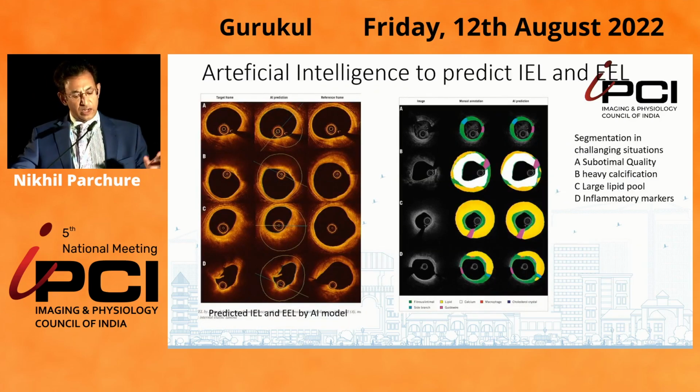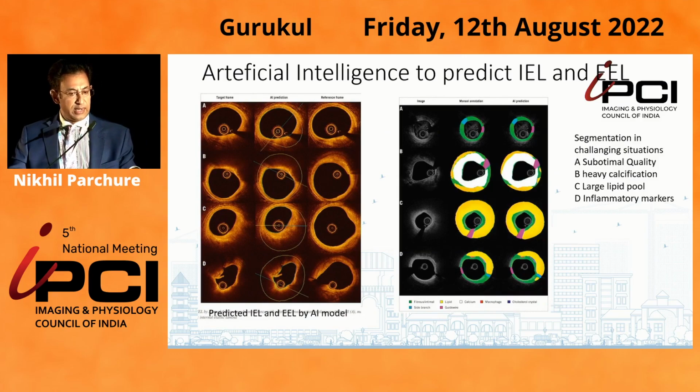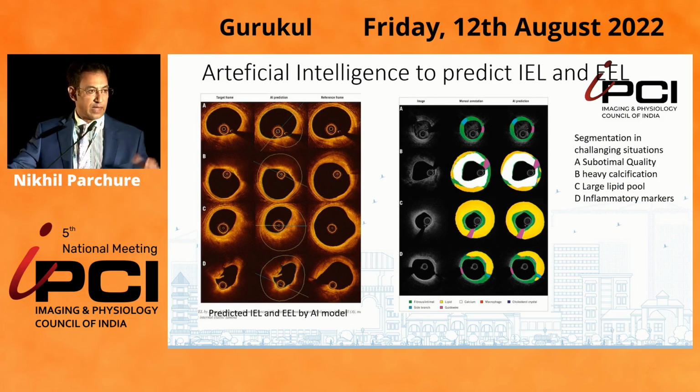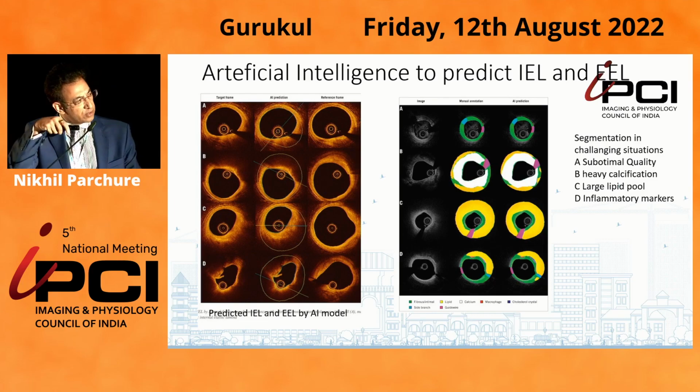So what about artificial intelligence to predict IEL and EEL? You can see these images are all lipid, where at some points you can't see the three-layered structure, and that's where it calculates on its own and gives you a reference. And that's all automated. And that's very practical. What about the next thing?